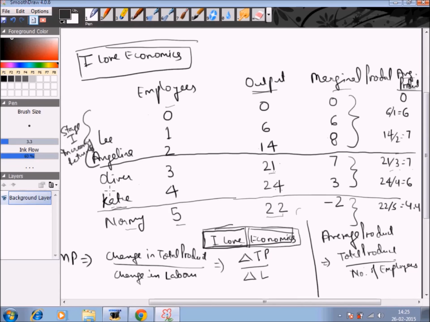Now, as soon as we employ the third person, the marginal productivity goes on decreasing. From 6 to 8 it was increasing, then from 8 to 7 it went down. So this is the second stage, and this is the stage of diminishing returns.